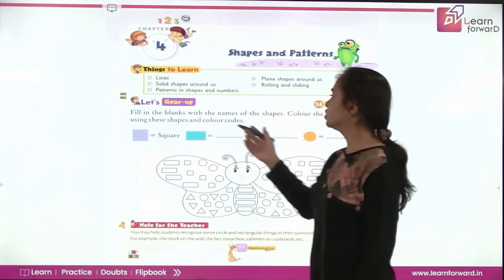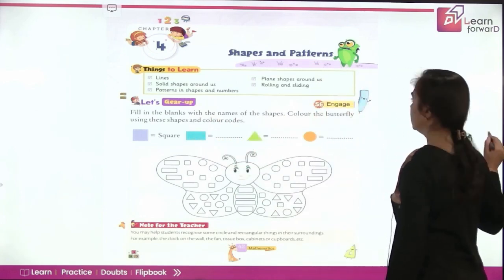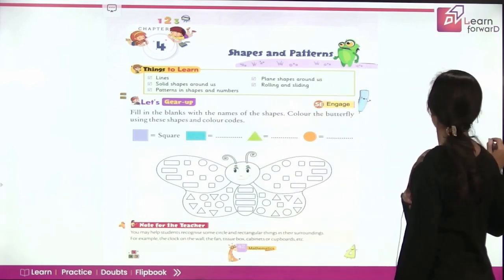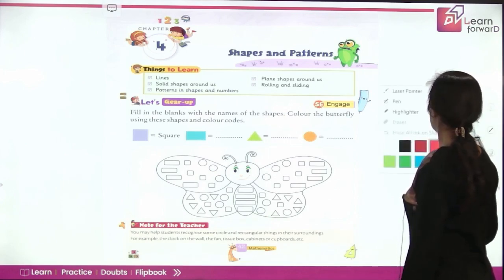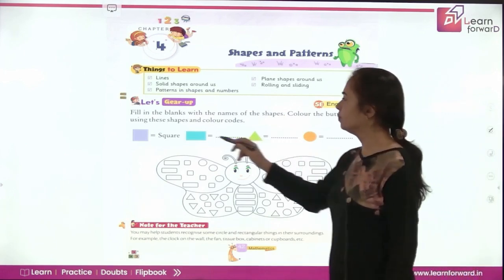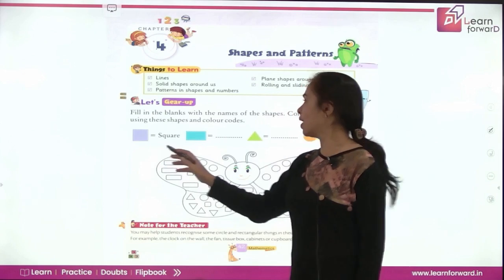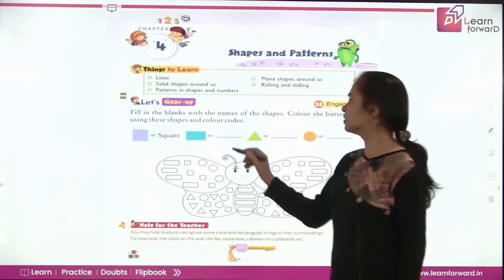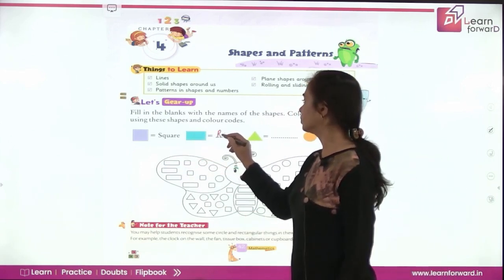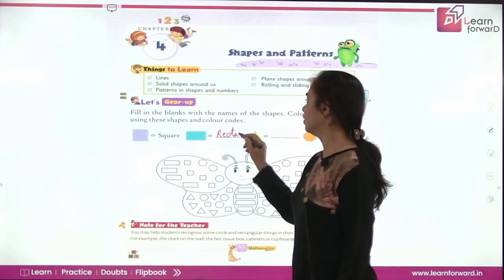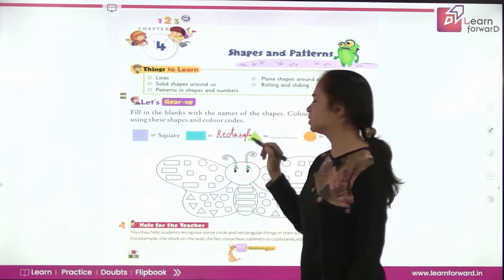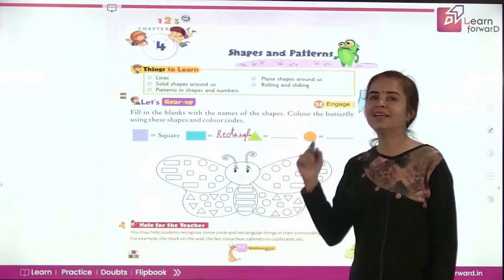Fill in the blanks with the names of the shape and color the butterfly using the shapes and color codes. So, what do you see here? This is a square. What is this? This is a rectangle. Good. You are already familiar with these basic shapes. And what is this? Exactly.